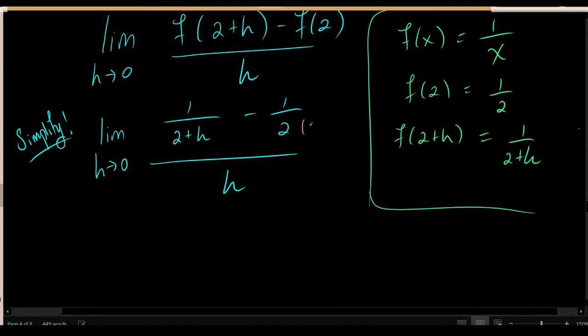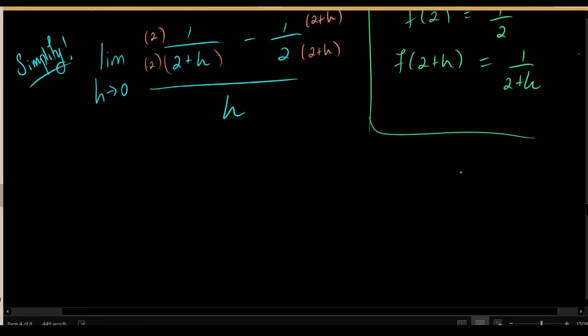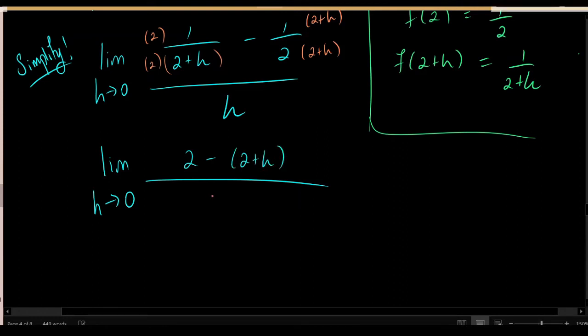So let me stick in an extra factor of 2 plus h to the fraction on the right, and an extra factor of 2 to the fraction on the left. Now both of these fractions have exactly the same denominator, so we can combine them. And all of that is all over h.